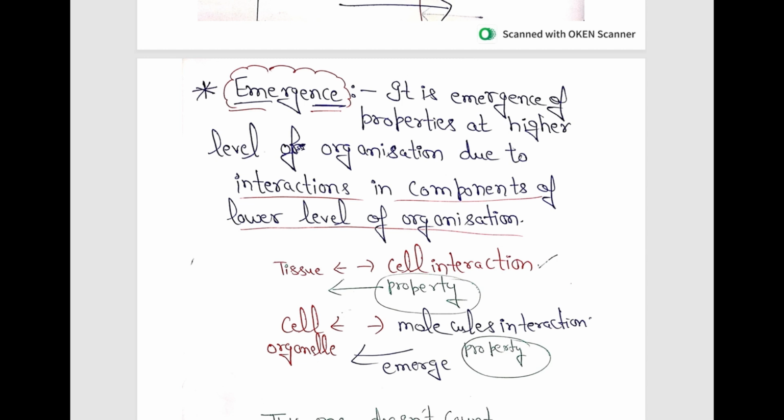Cells to tissues: cells of the same type like muscle cells work together to form tissues that have specific functions such as contraction or movement. Tissues to organs: different tissues such as muscle, connective tissue, and epithelial tissues combine to form organs like the heart, which pumps blood. And organs to organ systems: organs like stomach, intestine, and liver work together as part of the digestive system.